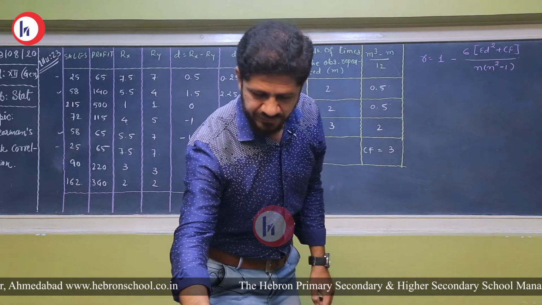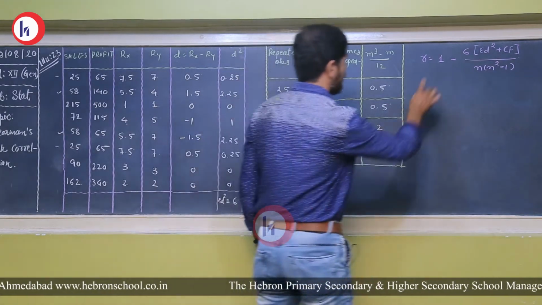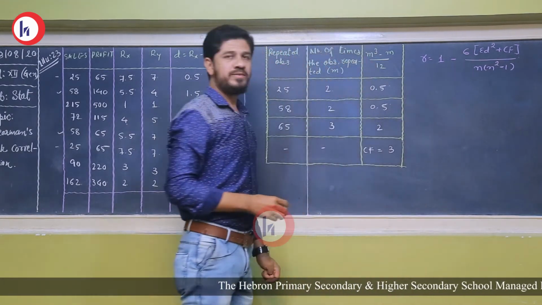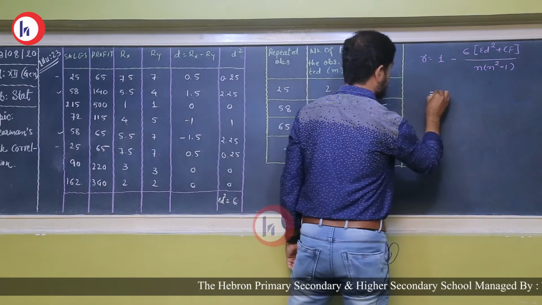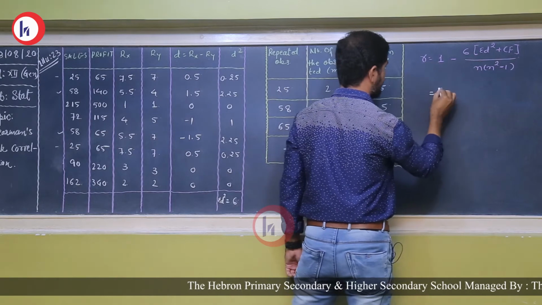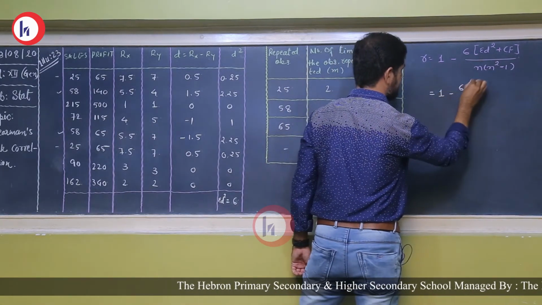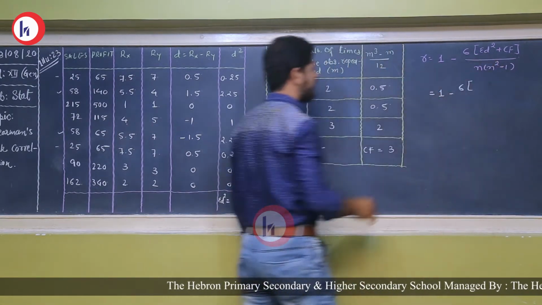Now there is a different formula for this: 1 minus 6 sigma d square plus CF upon n square minus 1. Let's input all these values into the formula. 1 minus 6 sigma d square.